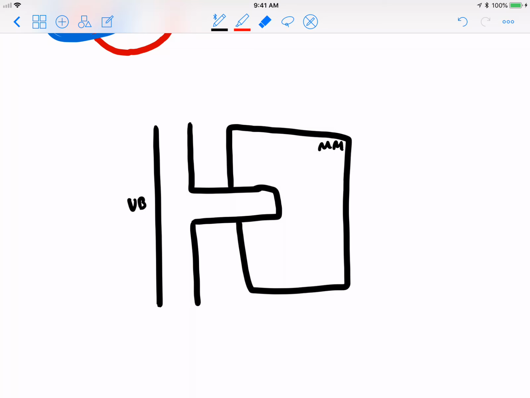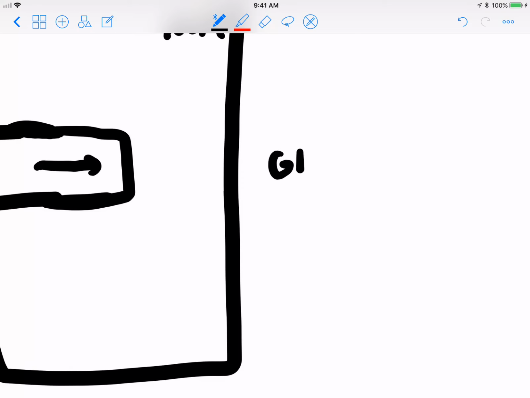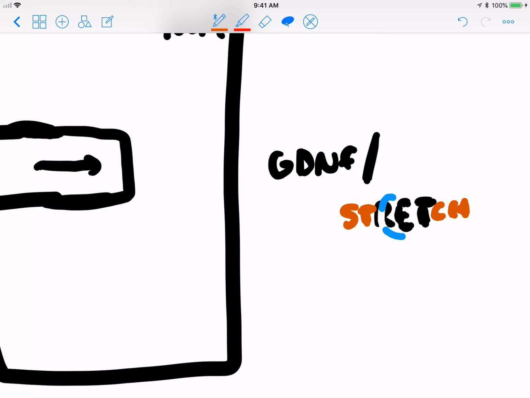And something else that GDNF does is, GDNF and RET, once they're met, once they complex, they will say, okay, stretch further. They'll tell the ureteric bud to stretch. And I remember that as GDNF and RET. What they'll do is they will stretch, right? So they stretch the ureteric bud.